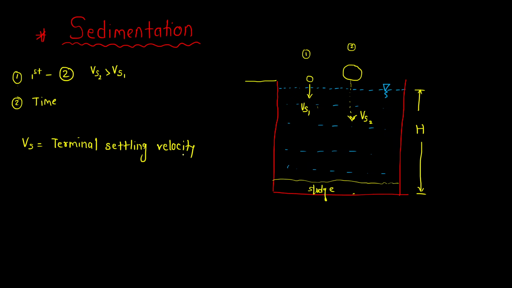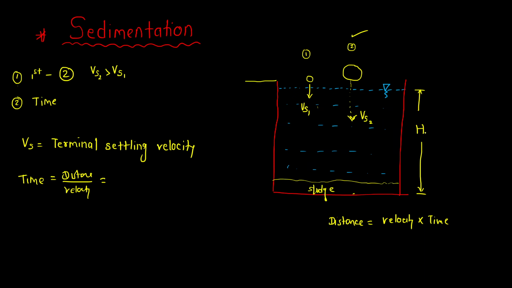Now, once we get the velocity, can we calculate the time? Yes, we can calculate the time also. We know that distance is equal to velocity or speed into time. So time is equal to distance divided by velocity. Now what is the distance this particle is traveling? We are taking the example of stone 2.